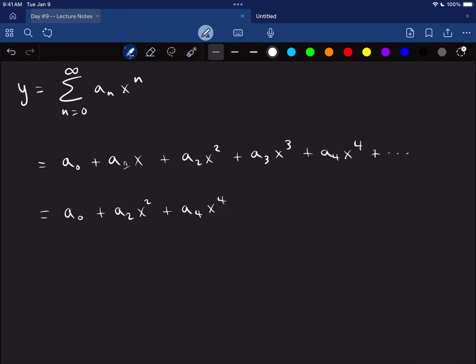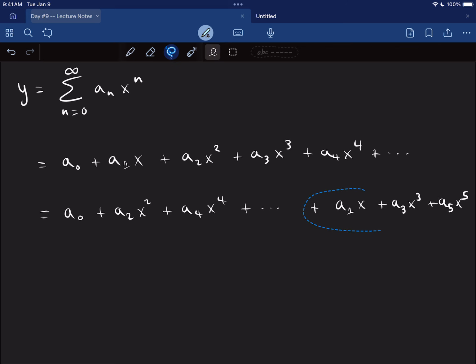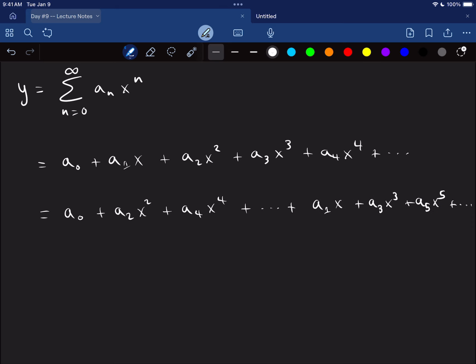If I just rearrange these terms a little bit, give myself a little bit more space. There we go. So basically what I'm doing is I'm splitting this up into even and odd pieces.